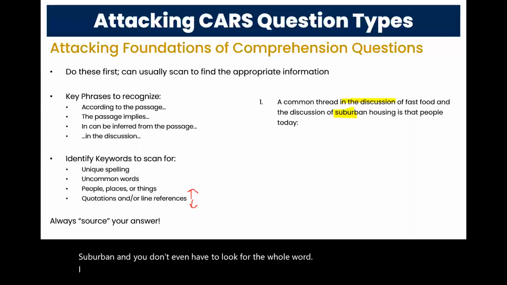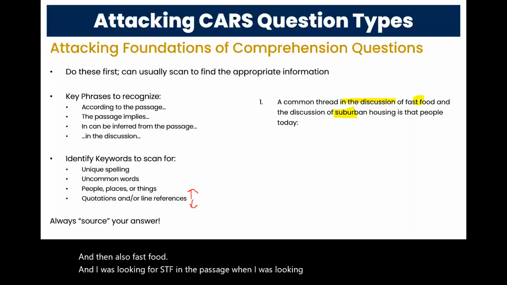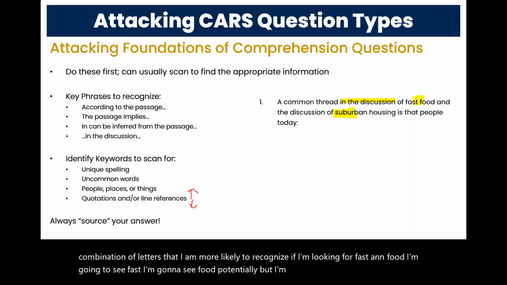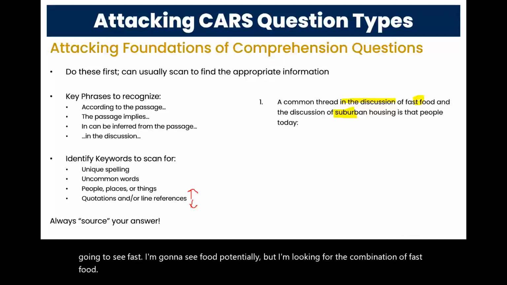Like, I don't normally see Suber as a thing. And then also fast food. And I was looking for STF in the passage. STF is a combination of letters that I am more likely to recognize. If I'm looking for fast and food, I'm going to see fast, I'm going to see food potentially, but I'm looking for the combination of fast food. Little tricks of the trade.